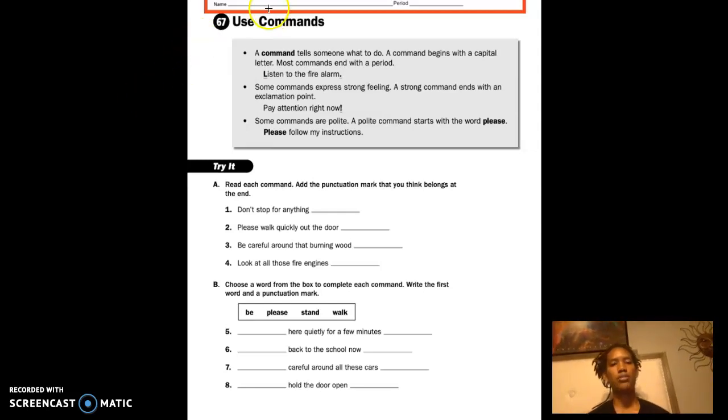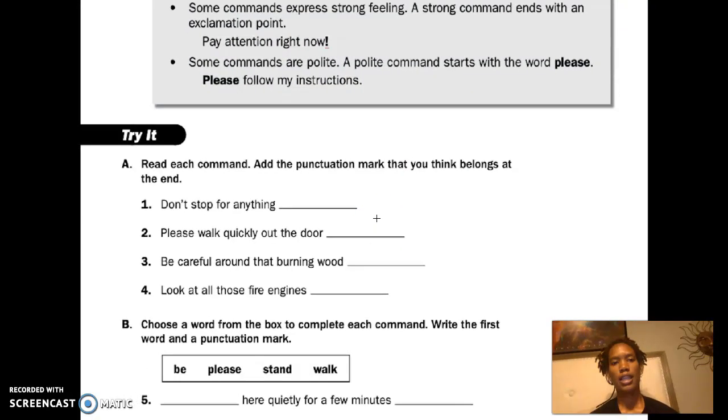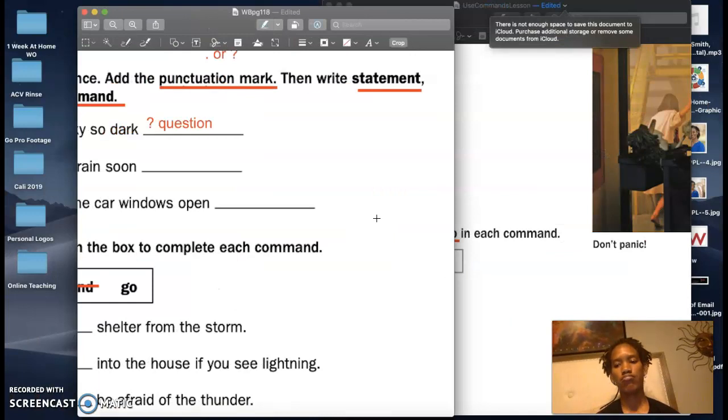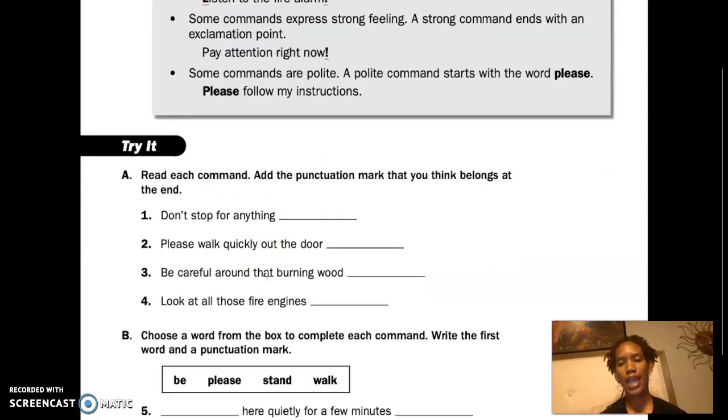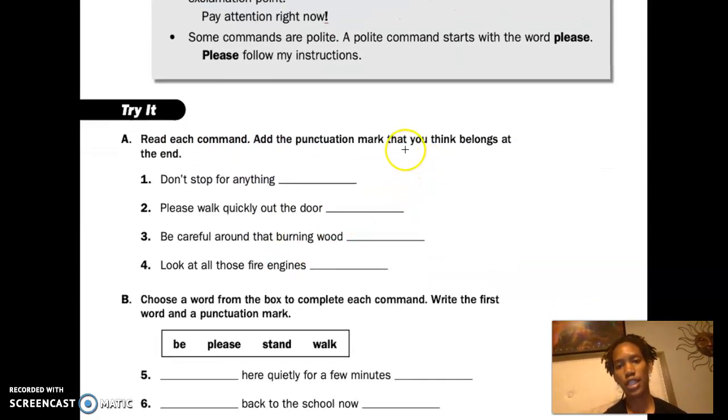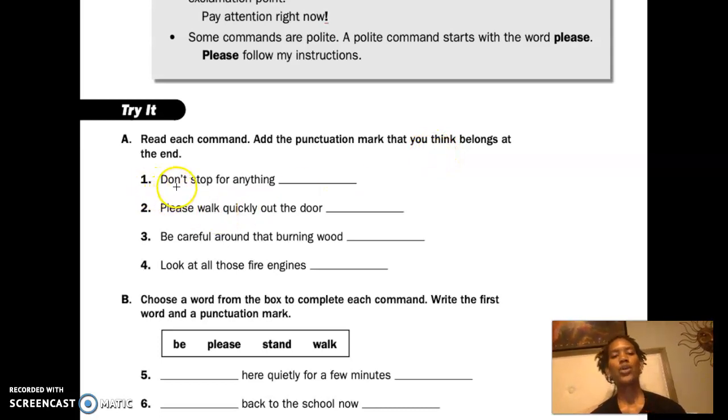Guys, and when you're doing these, please make sure that you put your name. Now be sure to read the information up here, okay? Because it'll be very helpful for you. All right. Read each command, add the punctuation mark that you think belongs on the end. All right. So don't stop for anything. Don't stop for anything.